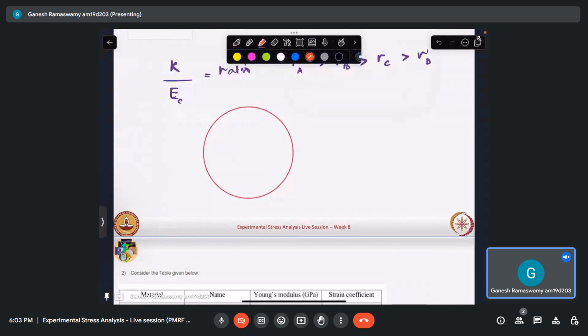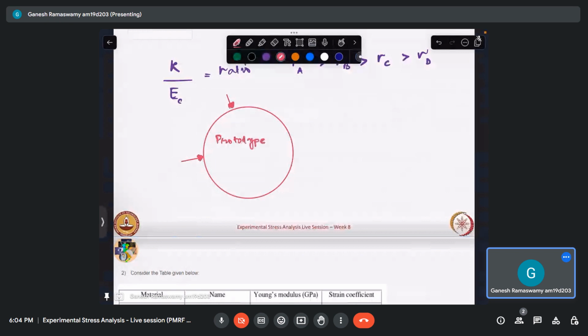So let us say that this is loaded with some loads, and let this be the prototype, meaning it need not be birefringent or transparent for that matter.